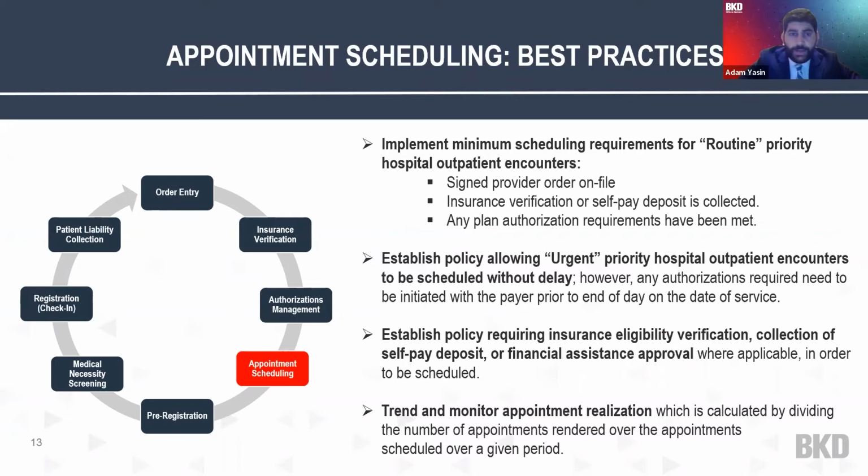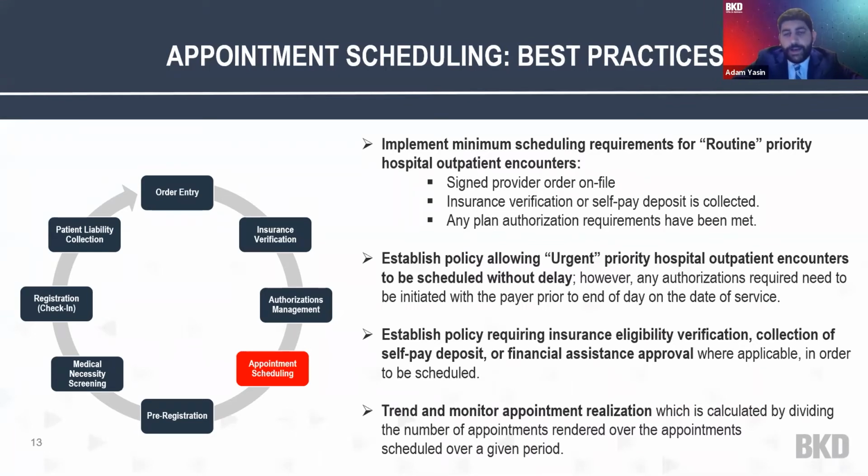Finally here, again, trending and monitoring is really a theme throughout patient access, and in the space of appointment scheduling, understanding your appointment realization is going to be key. It is simply calculated by dividing the number of appointments rendered over the appointments scheduled over a given period.